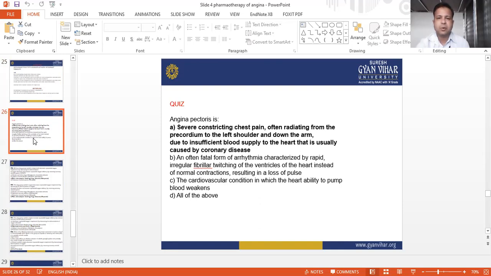And the fourth option, all of the above. The correct answer is A, severe constricting chest pain, often radiating from the precordium to the left shoulder and down the arm due to insufficient blood supply to the heart, usually caused by coronary disease.